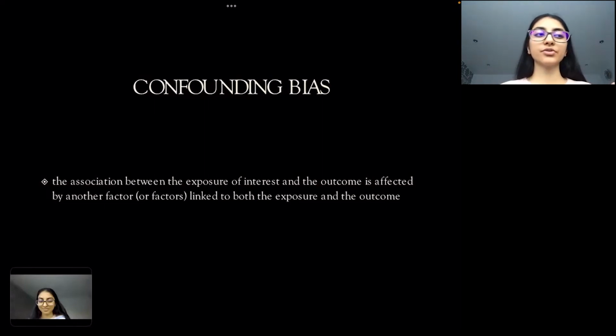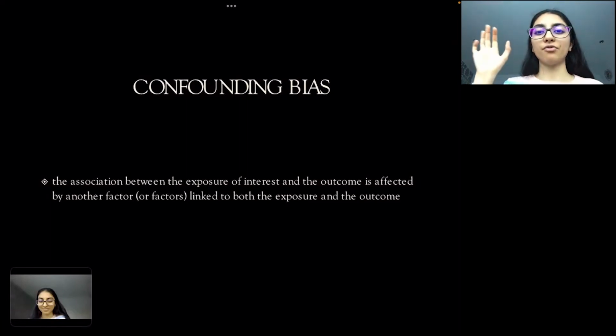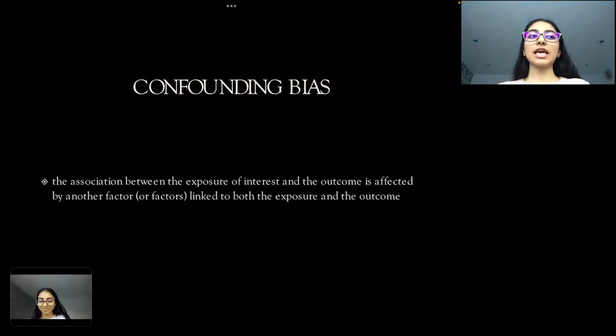And also smoking leads to a higher risk of vertebral fracture. So smoking kind of on its own is responsible for increasing the likelihood of A and B, but that does not necessarily mean that A is directly responsible for causing B.